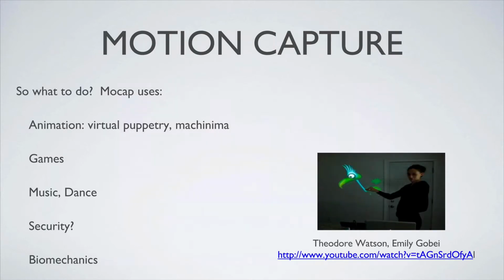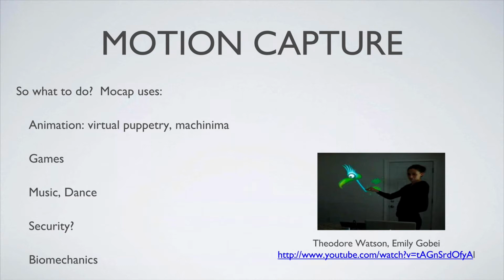So what do you do with motion capture? Motion capture can help you with things like animation, with virtual puppetry or machinima, for instance. Motion capture is of course used in movies all the time these days, for any movies that involve a lot of CGI with characters.